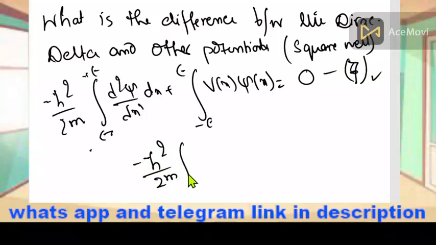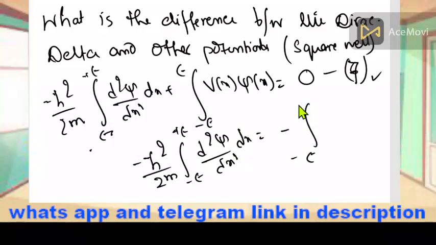So what you get is minus h bar square by 2m times the integral of d2 psi by dx square dx is equal to minus the integral from minus epsilon to plus epsilon of V(x) psi(x) dx.